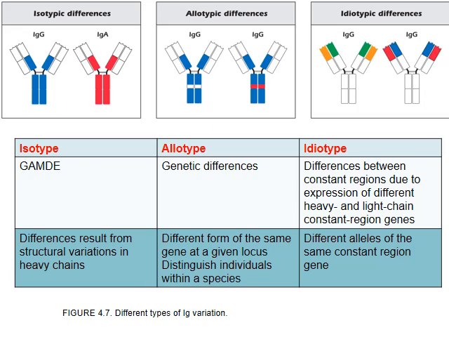Now let's take an example. These are isotypic differences. When I say isotype of antibodies, what I mean is GAMDE. They all are isotypes, but they are different. And there's a good reason, because they have a different heavy chain.